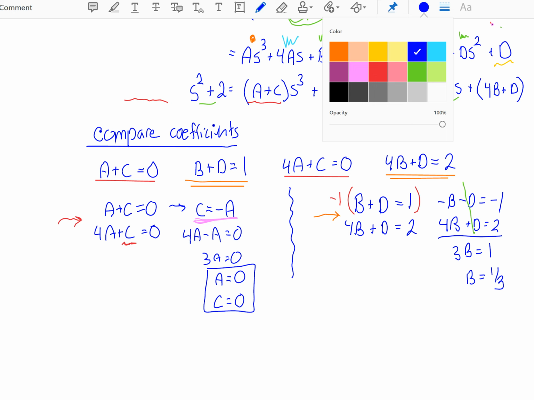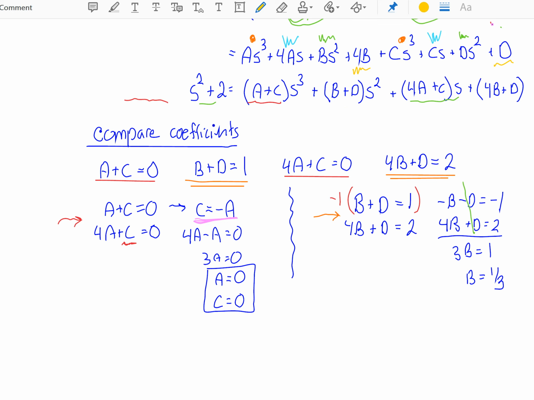And if b is 1/3, let's go figure out what d is now. I'm going to use this form of our first equation and replace b with 1/3. So this will give us 1/3 plus d is 1, or that d is 2/3.